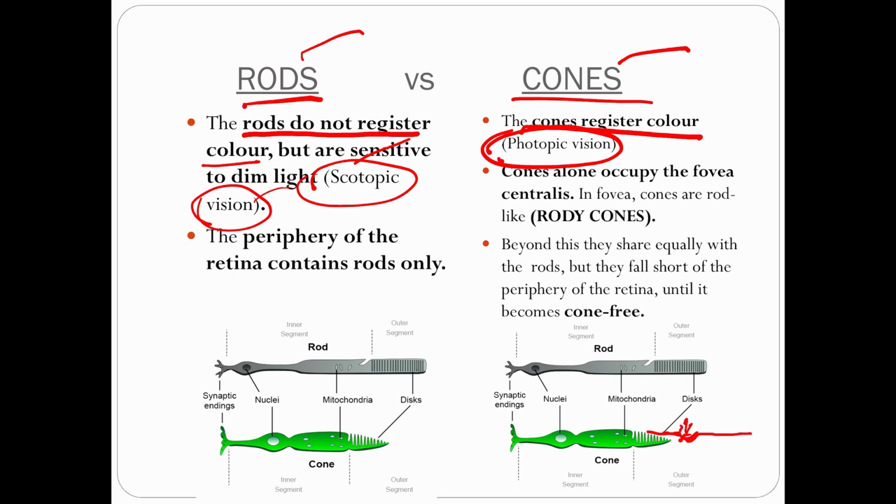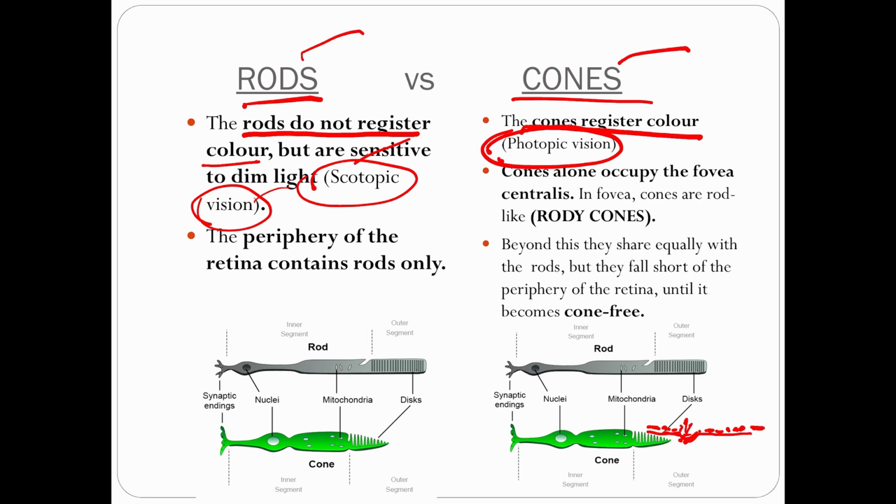But when you go to the periphery, the rods and cones are almost equal in number, so much so that in the far periphery almost no cones remain at all. In the fovea centralis, it is totally cones, no rods at all.